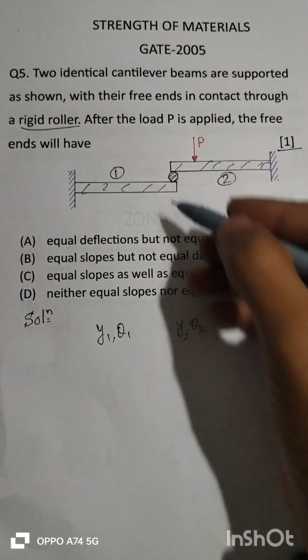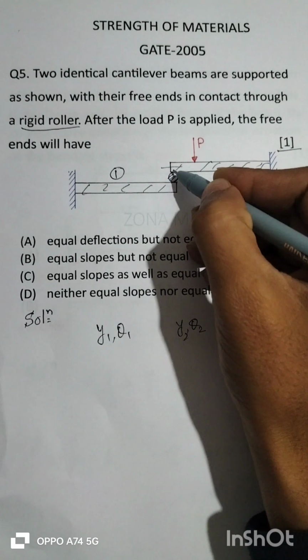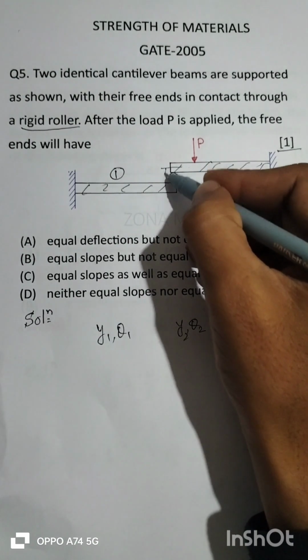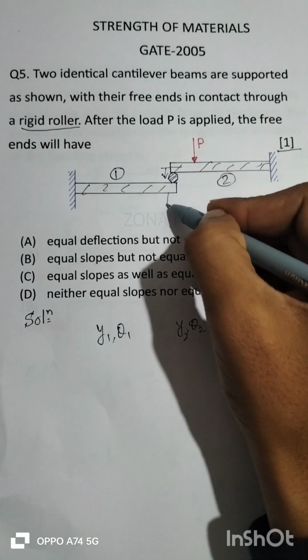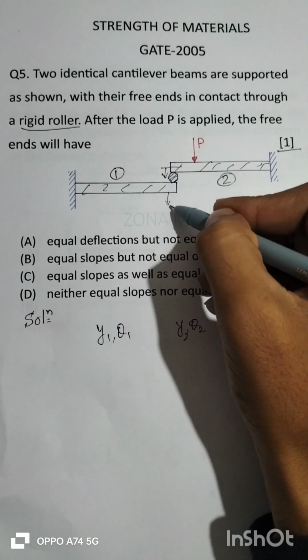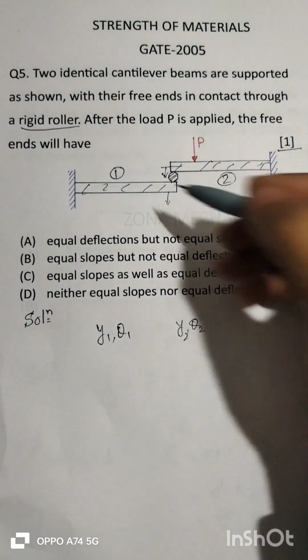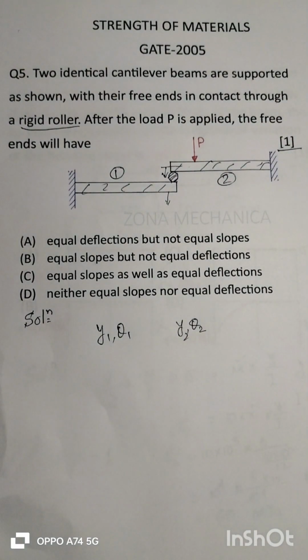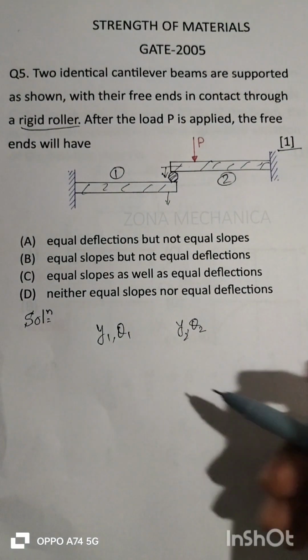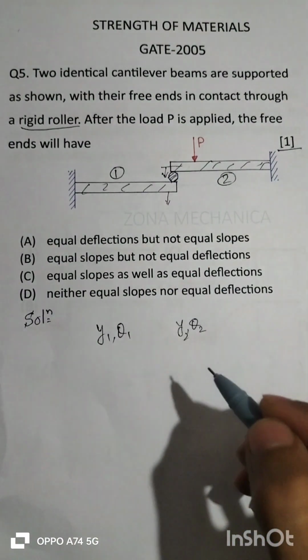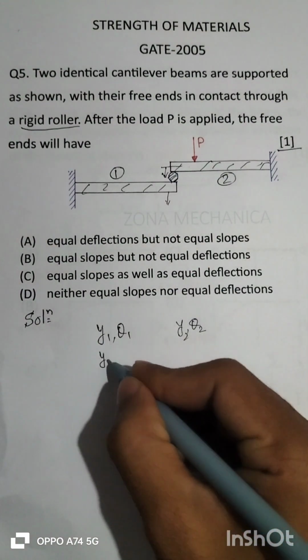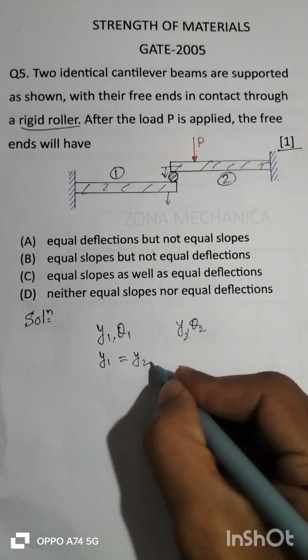So the amount of deflection that occurs in the top beam has to occur in the bottom beam also, to keep in touch. So it's evident that the deflections will be the same, that is y1 is equal to y2.